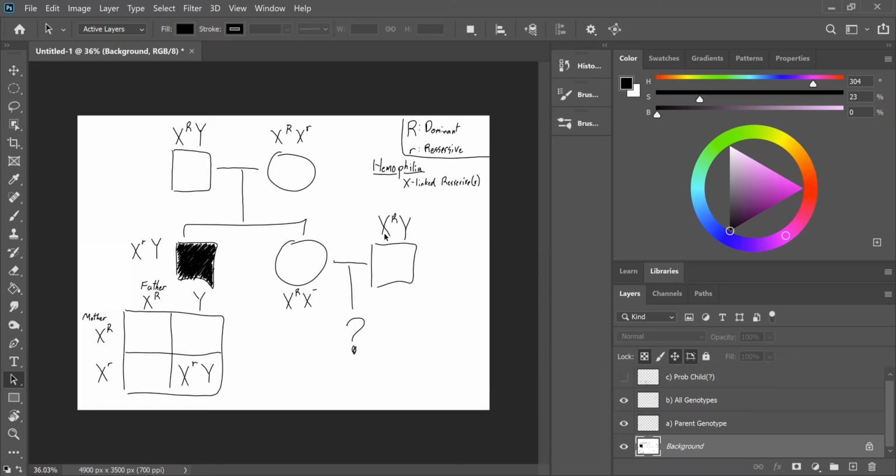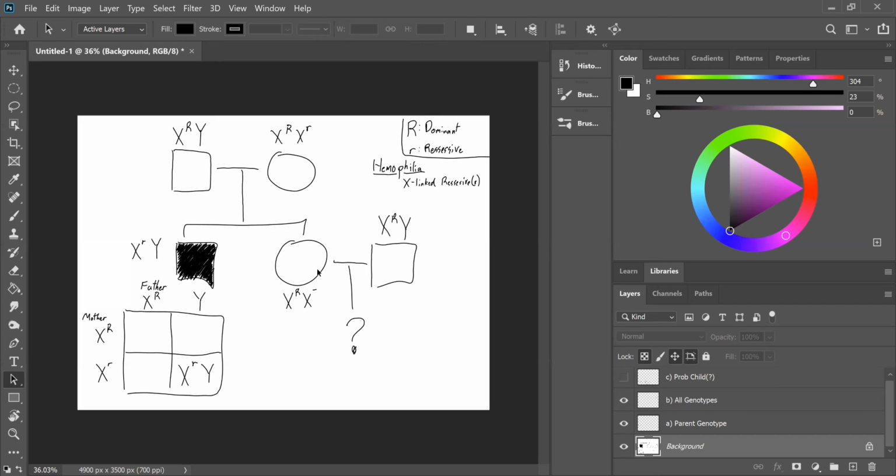Johnny's a man, so he has a Y chromosome, and his other chromosome will determine whether or not he has hemophilia. He doesn't have hemophilia, so he has an X chromosome with a dominant gene, so big R on the X chromosome.